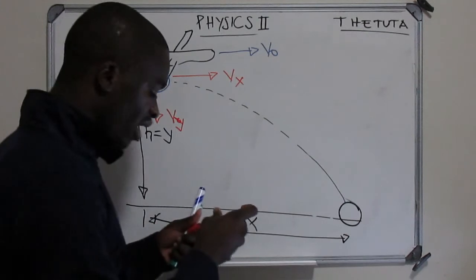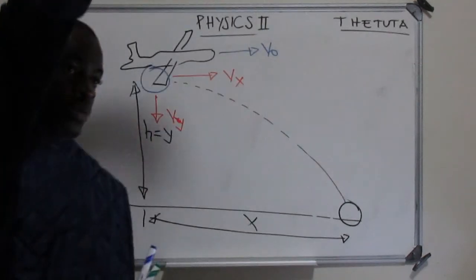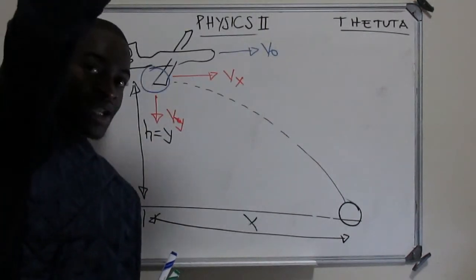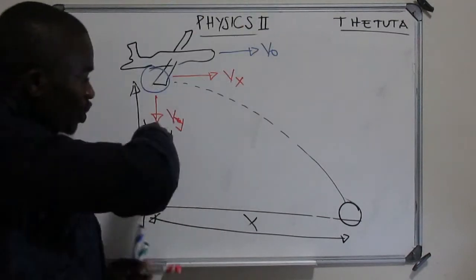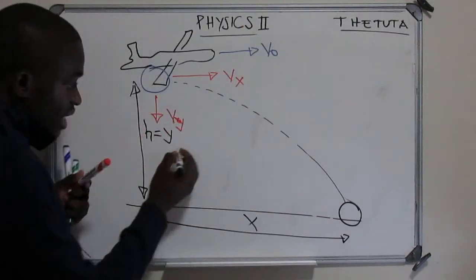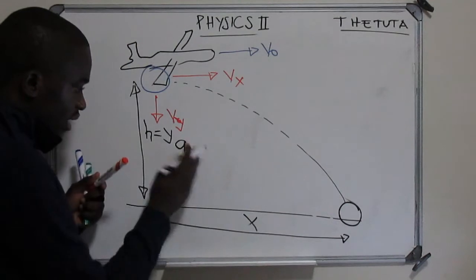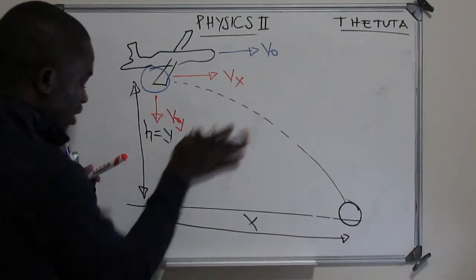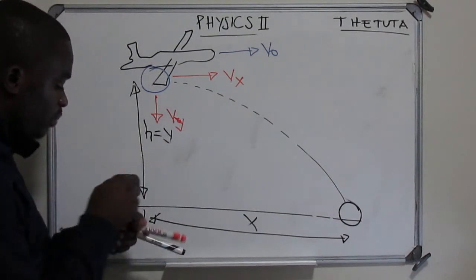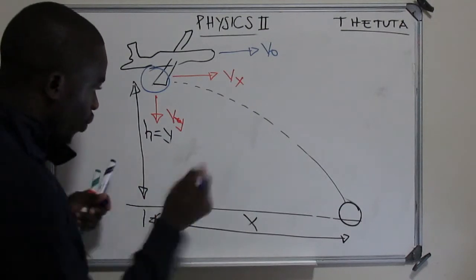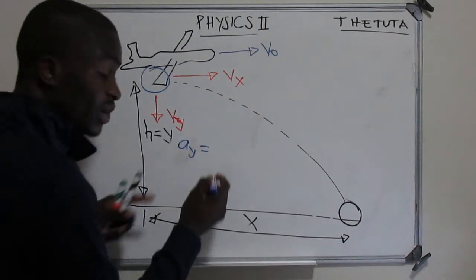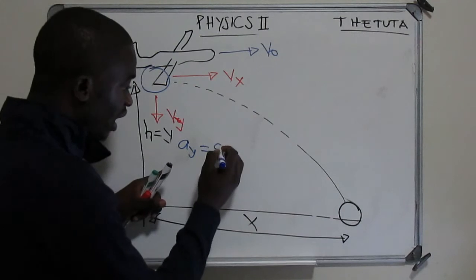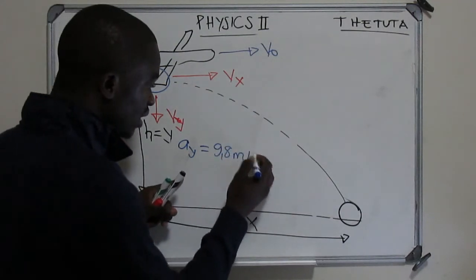Because remember, from our Newton rule, if you drop something, what will be the acceleration? What will be the speed? What will be the acceleration in this body? The acceleration in y, the acceleration that is going to drop this body down, how much is it going to be? 9.8 meters per second squared.